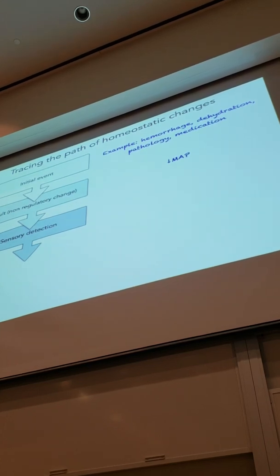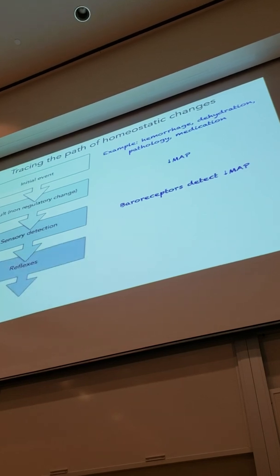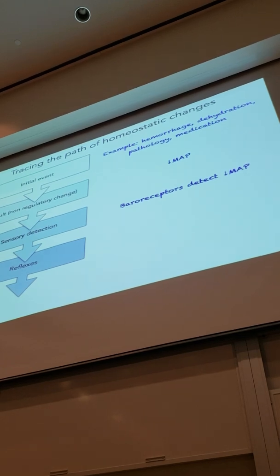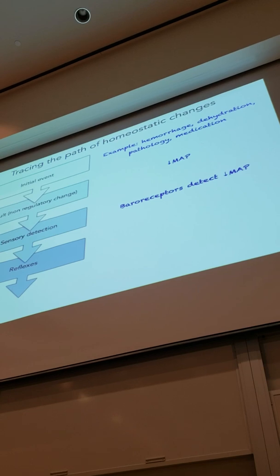Okay, so we'll have a response. This will be sensory detection. And we'll learn about the fact that we have baroreceptors, which are a great way to detect that we've lost blood volume. And we'll have some reflexes. We're going to focus our efforts today on the neurological reflexes, and there are some endocrine reflexes which I don't think your book really covers.